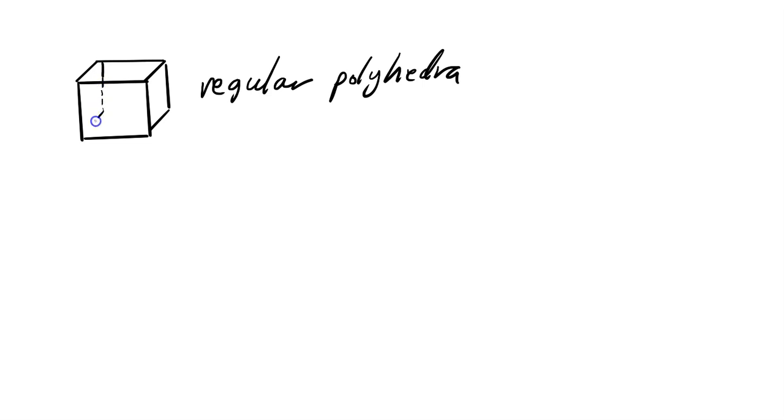A cube is an example of that, but it's not limited to that. All the faces here are regular polygons. A normal die, for example, is an example of that.